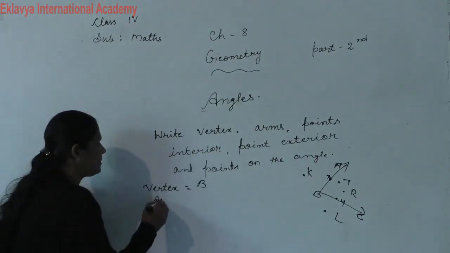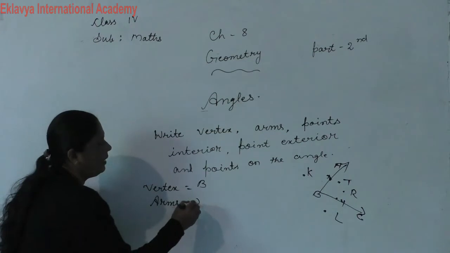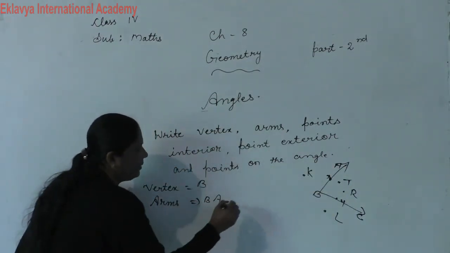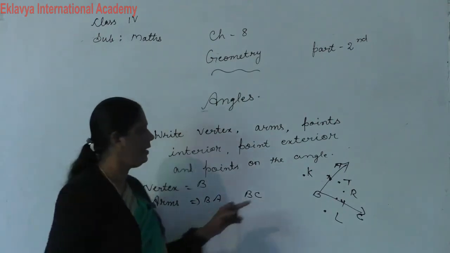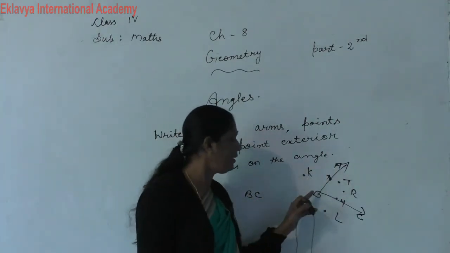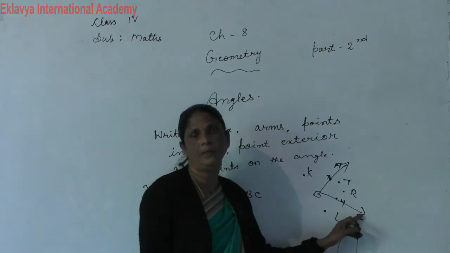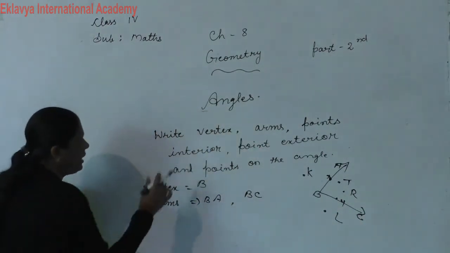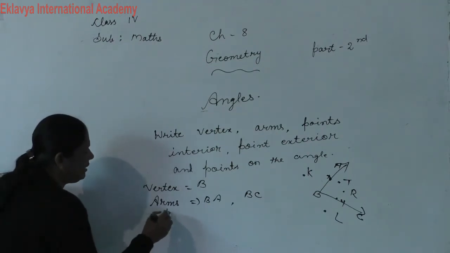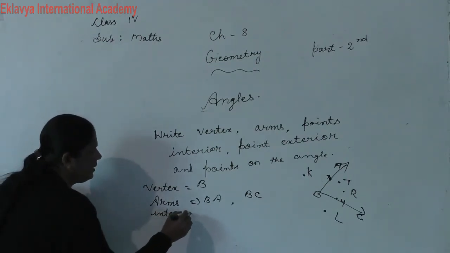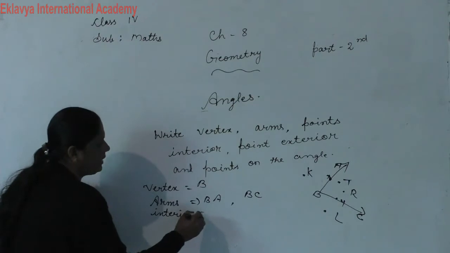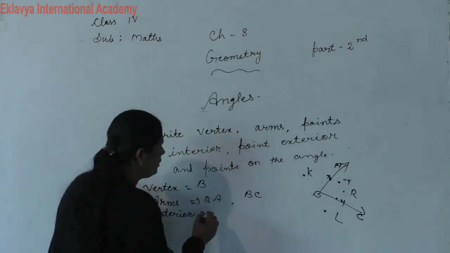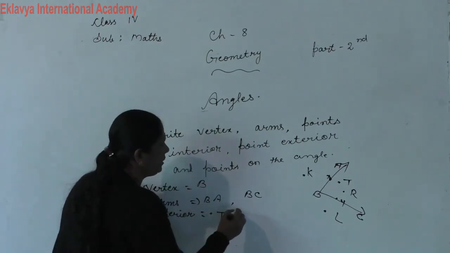Then arms: BA and BC are the arms. Then interior points, that is, points inside the angle: point T, point R.